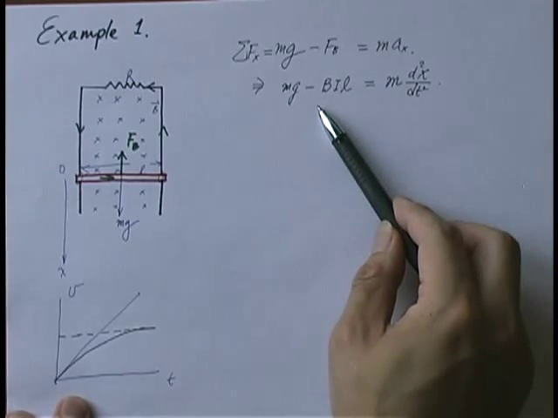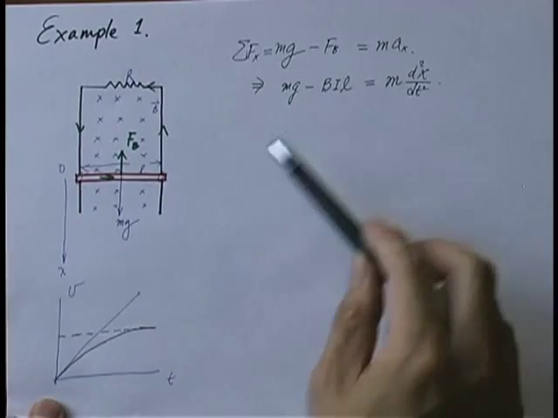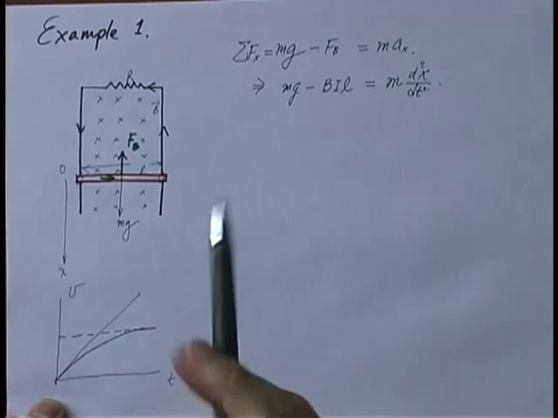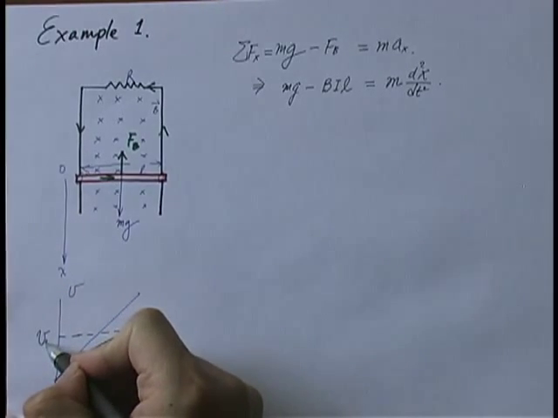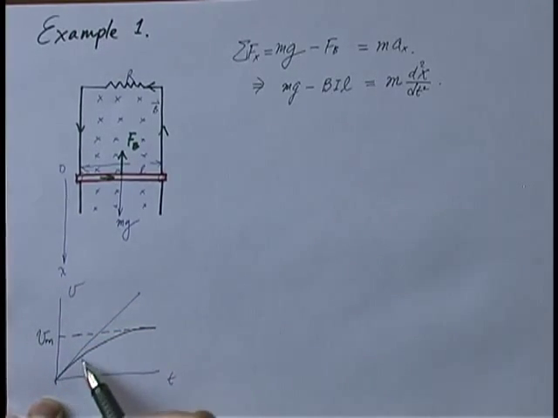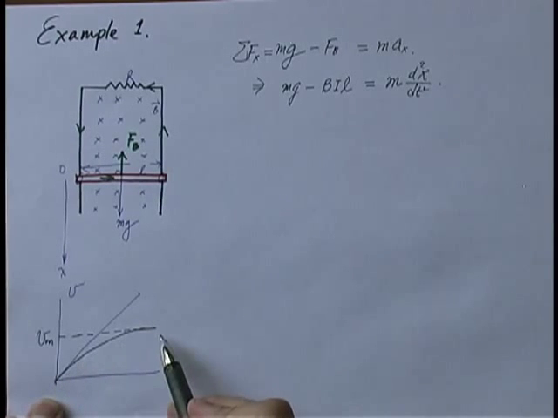The net force on the bar is 0. Can the speed still change? Not anymore. That's why we say it reaches a saturated value. That will be v maximum. Qualitatively, v should go up like that. And one can actually find out what that v maximum is.